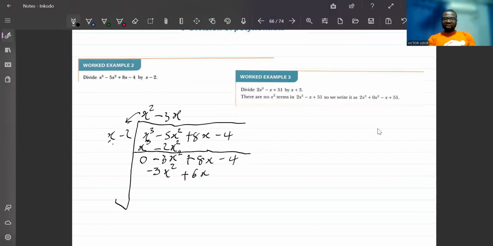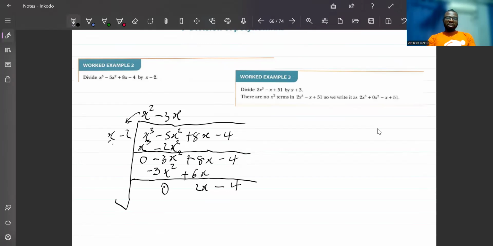In this case, again, you do the same thing. You subtract everything again. Minus 3x squared minus minus 3x squared will give you 0, and 8x minus 6x will give you 2x, minus 4.